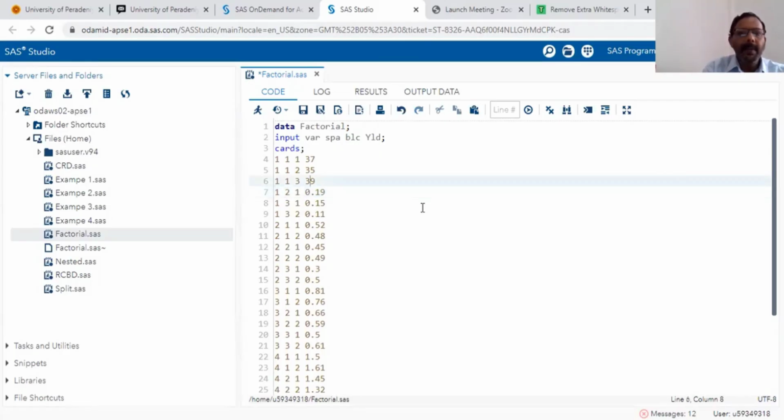You'll have to be careful how you code it. Hope everybody is well. Normally we give the data not in SAS, but usually in Excel or some other format of data, and then you'll have to enter the data.